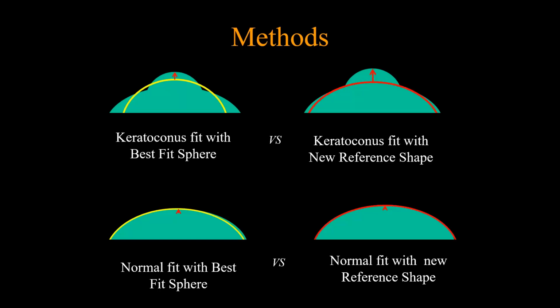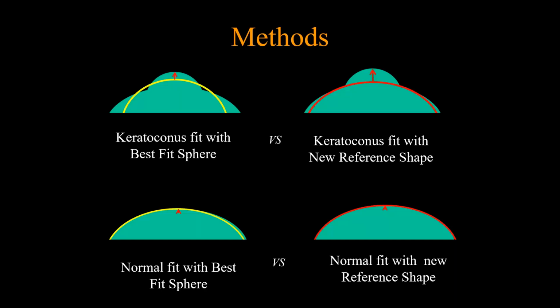If you look at the upper left, that's utilizing a standard best fit sphere, and the upper right is utilizing that enhanced reference surface. What you can see is that the ectatic region becomes more prominent, with greater elevation, and is easier to see when we use the enhanced reference surface.